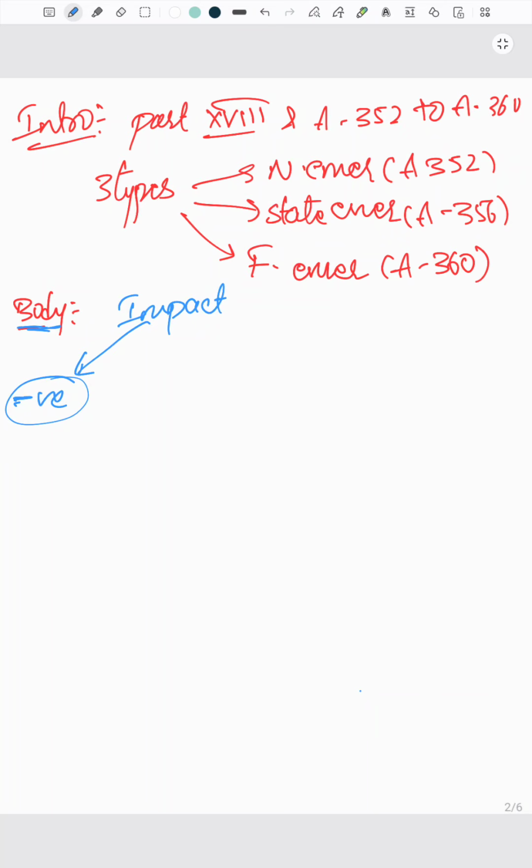If you observe, the negative impact is that it reduces legislative autonomy. Words like autonomy should be used while writing answers. So legislative autonomy will be reduced for states.